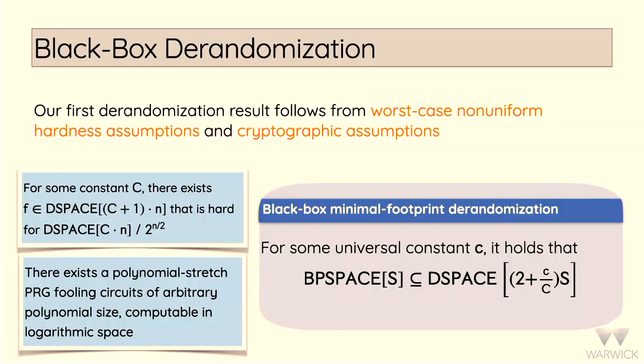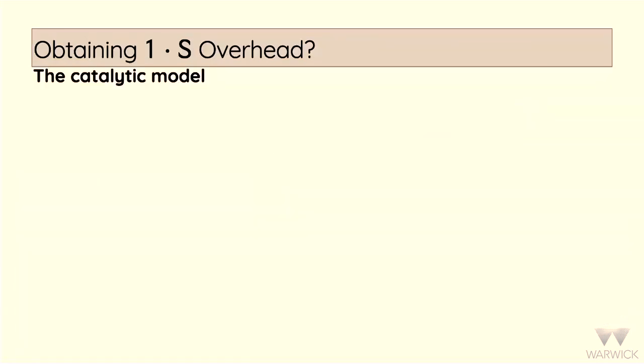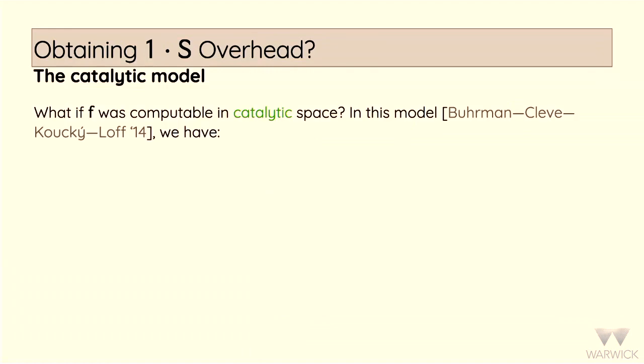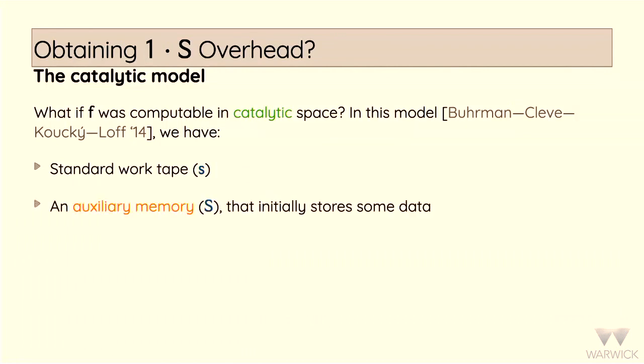So how would I take this 2 and turn it into a 1? The easiness property that I want from this function f is that it is computable in what's called catalytic space. The catalytic model is a very cool notion in which you have little s amount of memory, which is the standard working memory, but you also have capital S space of memory which is not yours.